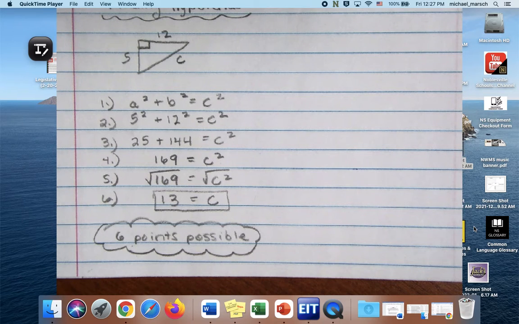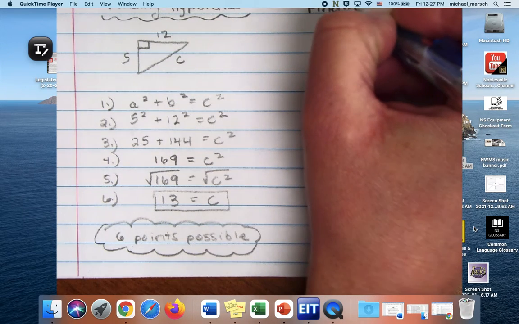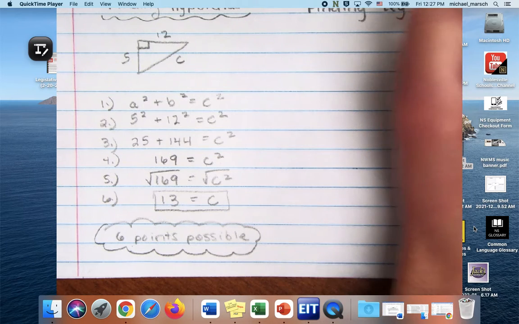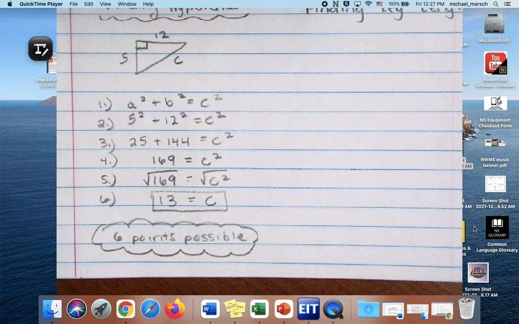Point for each step. Easy points, easiest points you'll ever get. Most frustrating points you'll ever lose if you don't show all the steps. You hear that, Noah? What? Yep. You're going to miss the steps if you go quick.